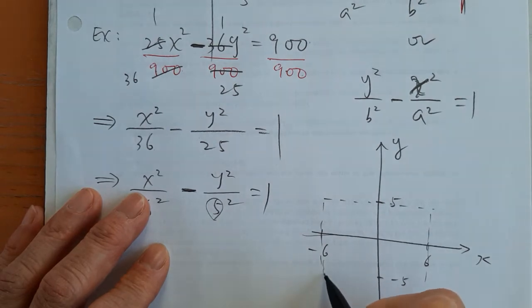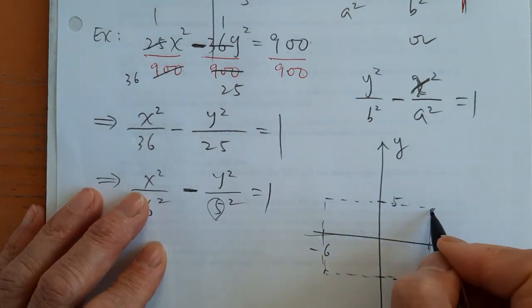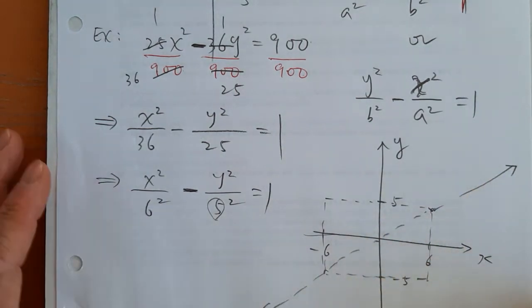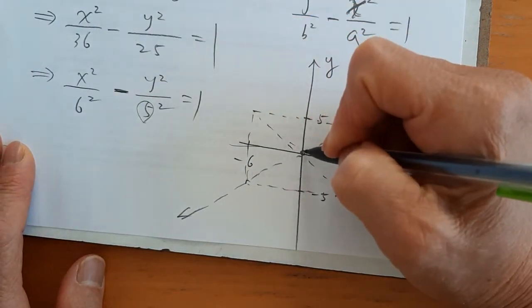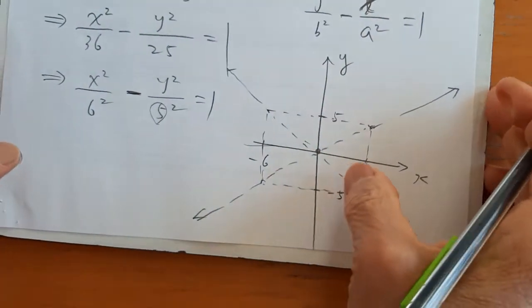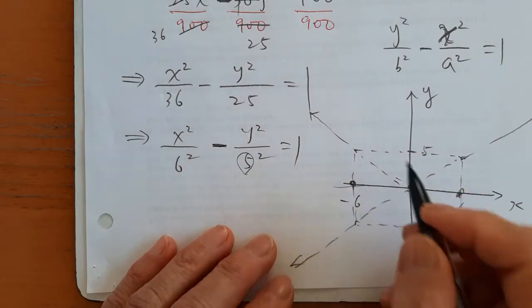Use a dashed line because this is not part of the graph, it just helps you draw the asymptote. Then connect corner to corner. This is the asymptote. Corner to corner connect and through the origin. And this is the asymptote.